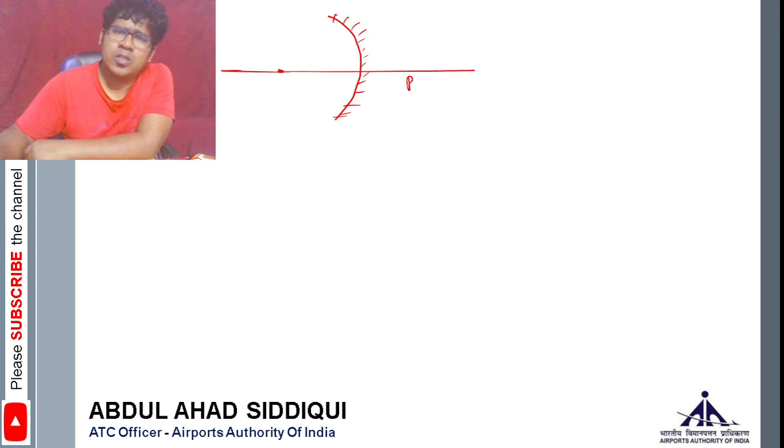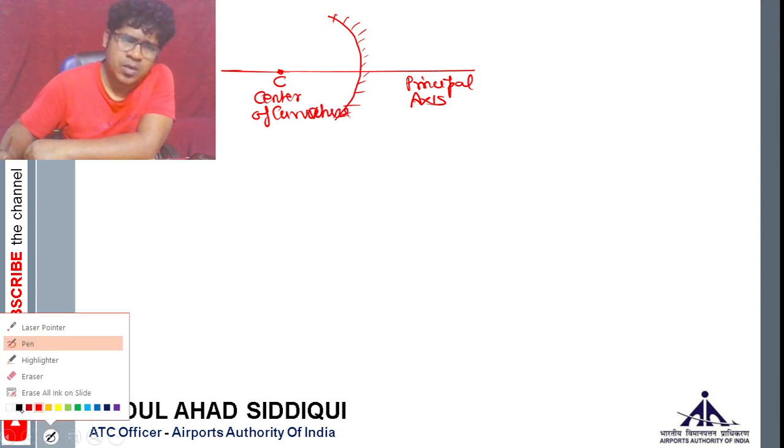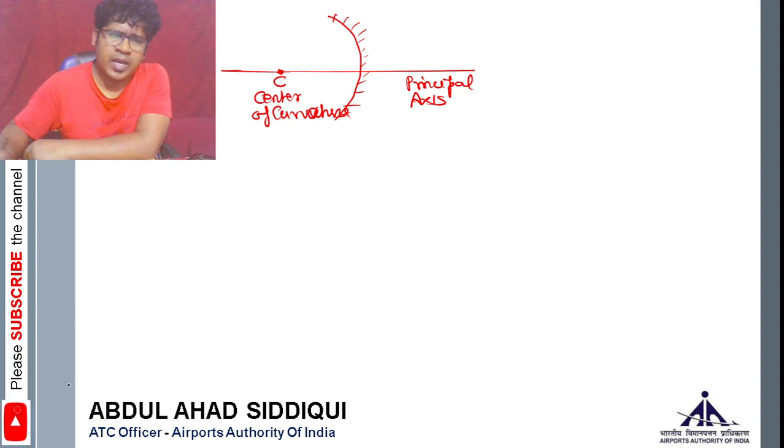This line is known as the principal axis. C is the center of curvature. The point where the axis and mirror meet is known as the pole.